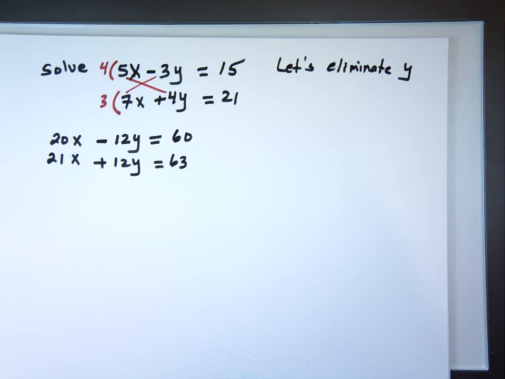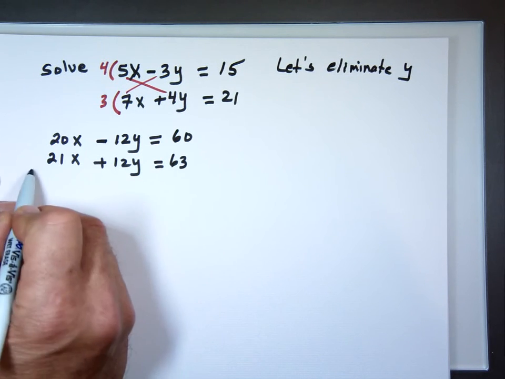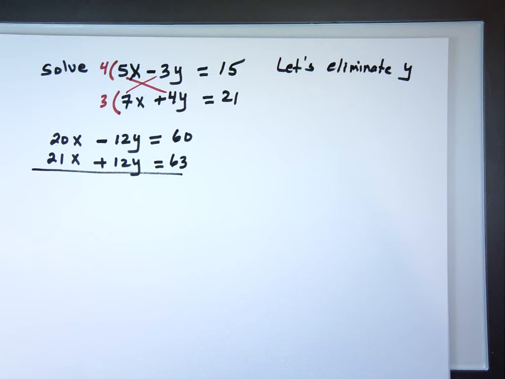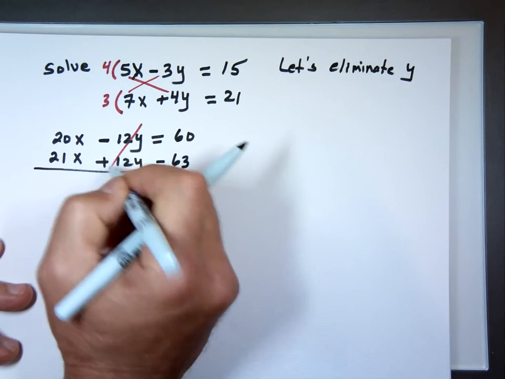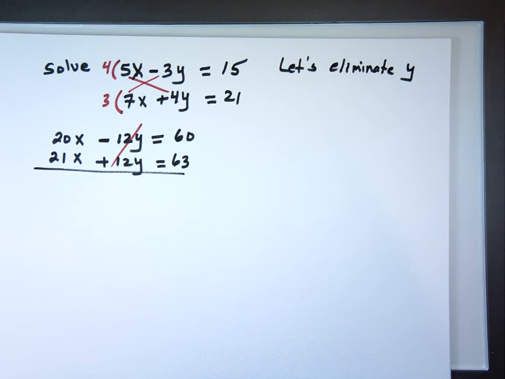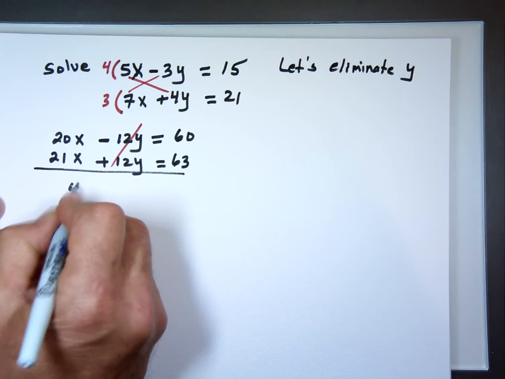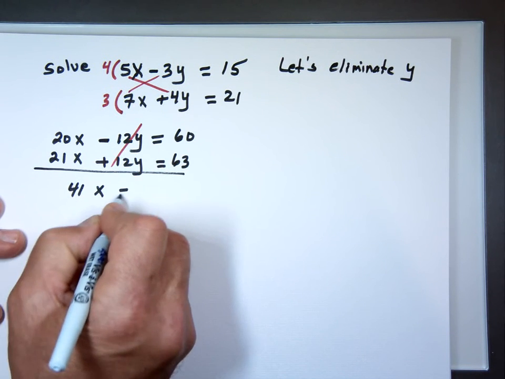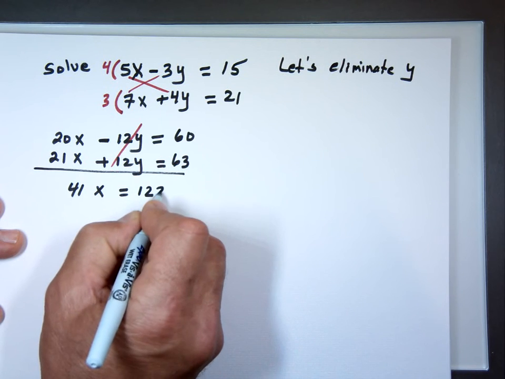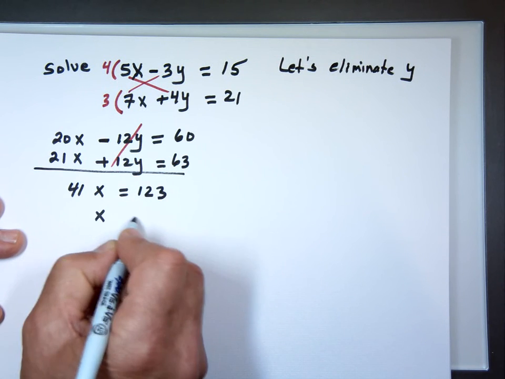Add them. Gone. 41x equals 123. X will be 3 if you divide 123 by 41.